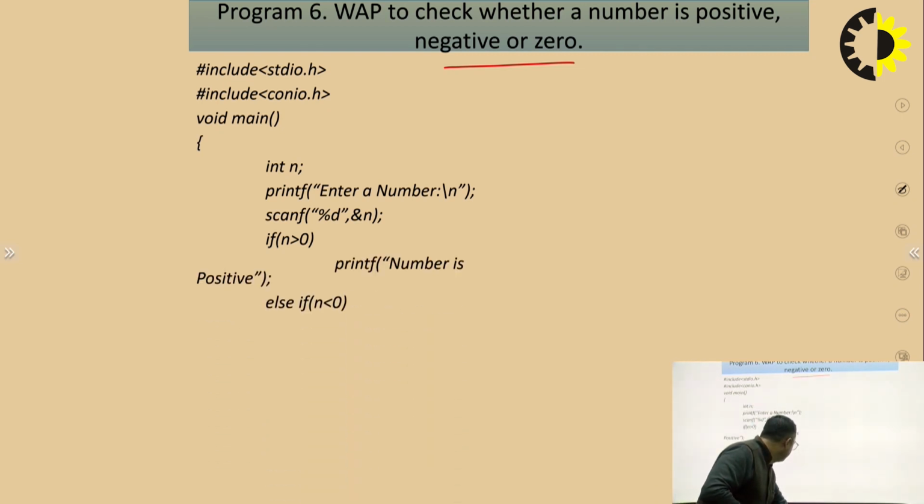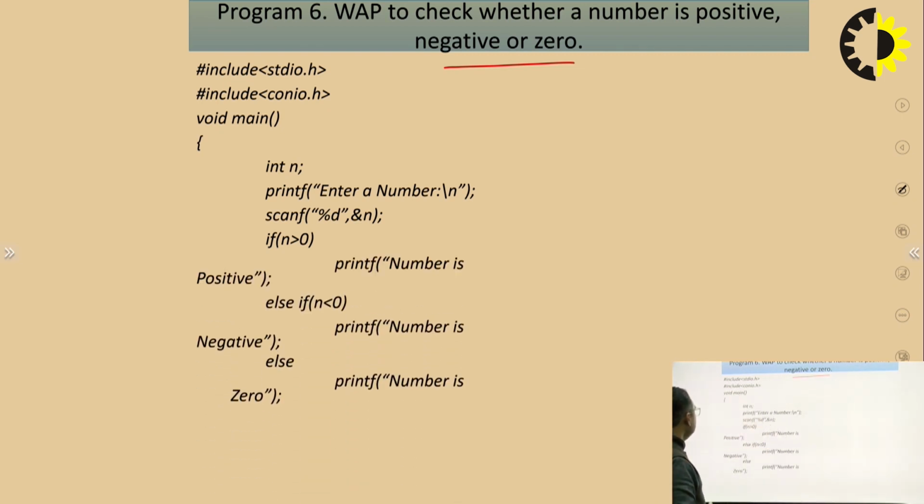Here you can see that this is the main function. In C, we are getting input from the user. We prompted the user to enter a number, and then we scanned a number into a variable called n. This is the statement I'm talking about. Now, if the number entered by the user is greater than 0, we are checking it through if.